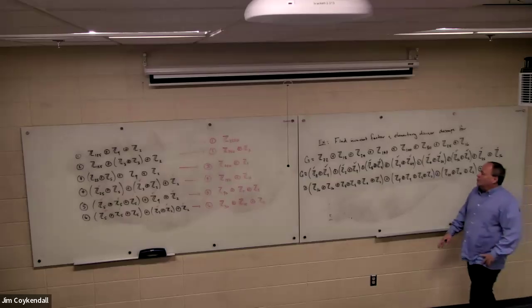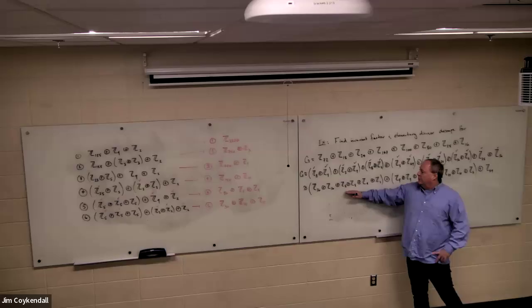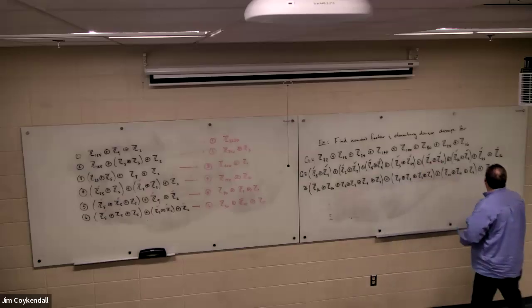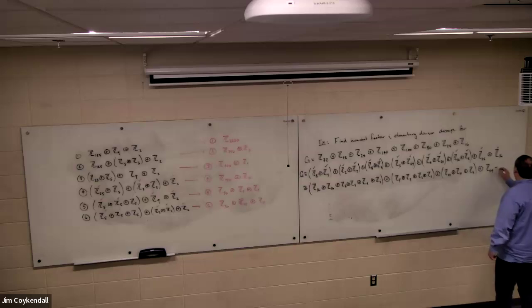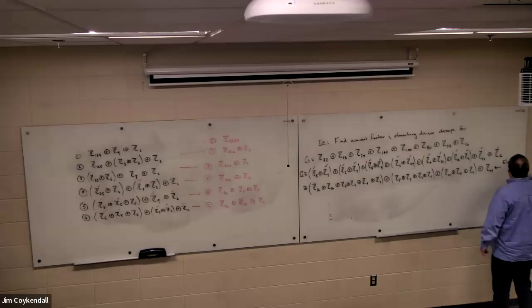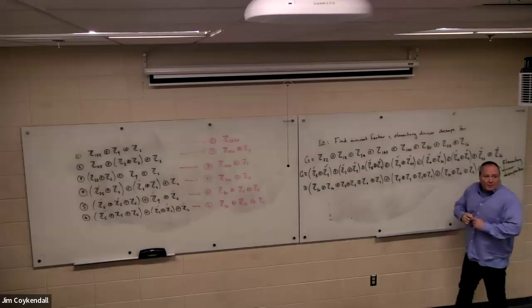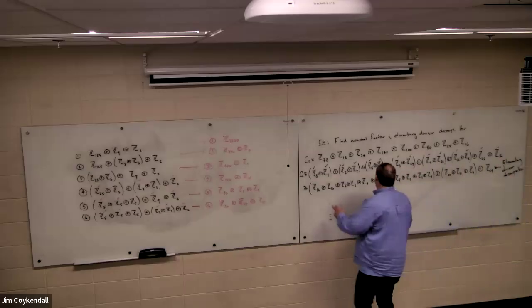Just because I wanted to group, well, actually what I have here at this point is the elementary divisor decomposition, as a matter of fact. Look at what I've got.